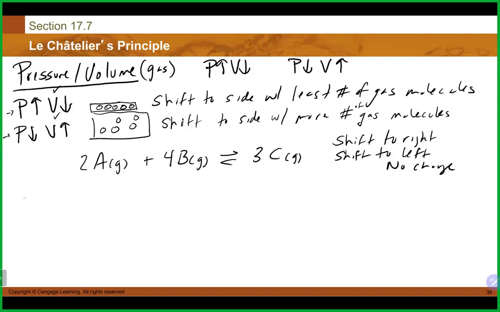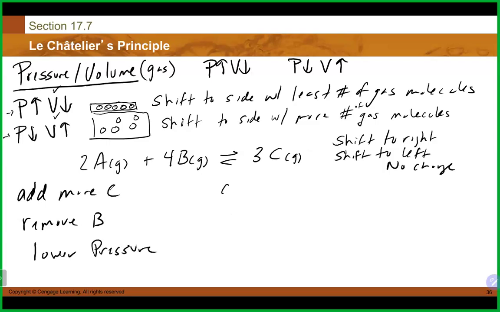Let's say we add more C, we remove B, we lower the pressure, we decrease the volume, and we add more A. For each of these, which way should the equilibrium shift?